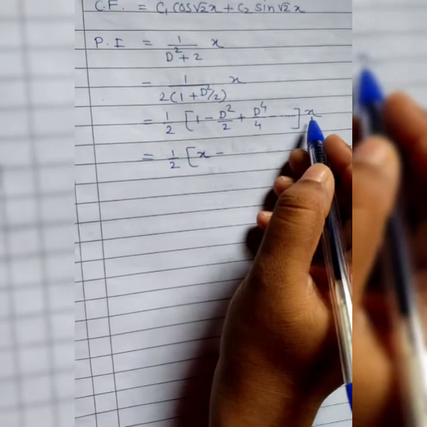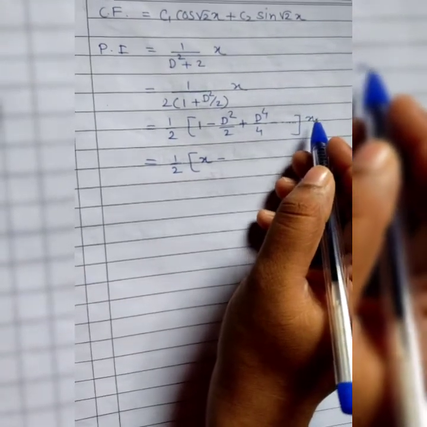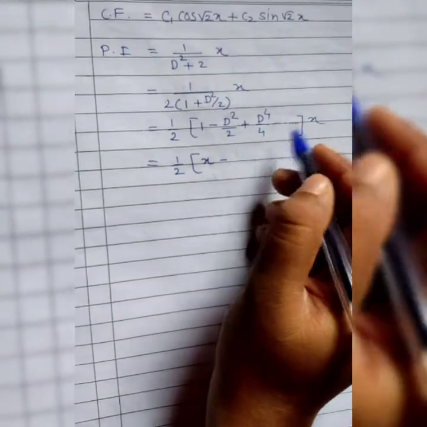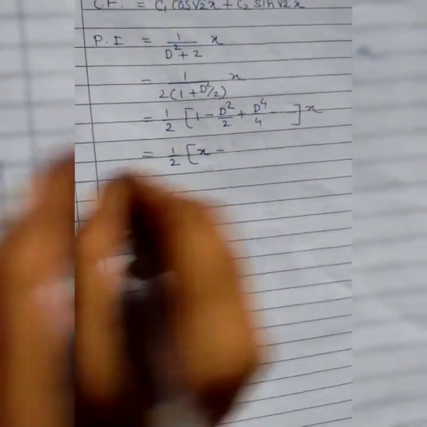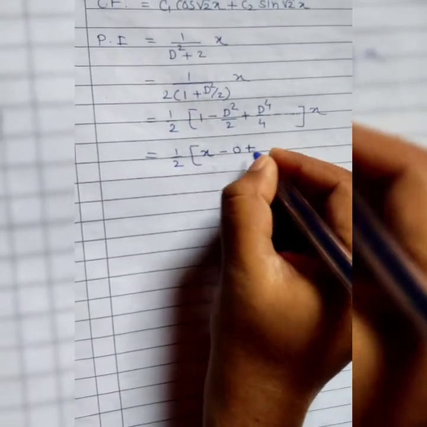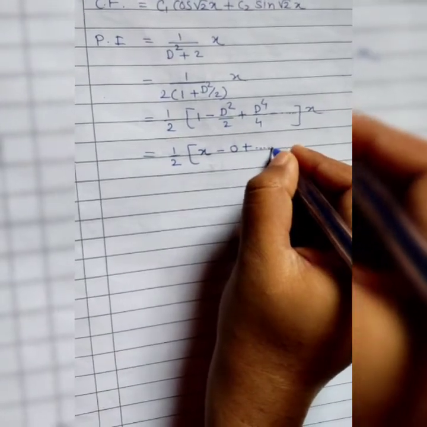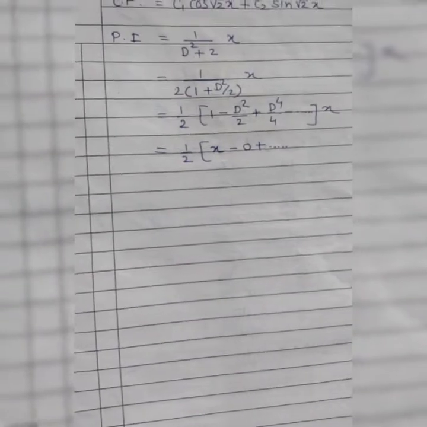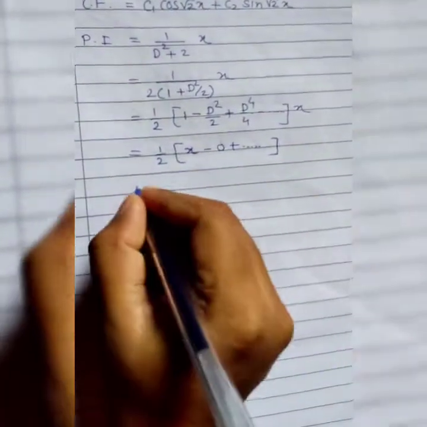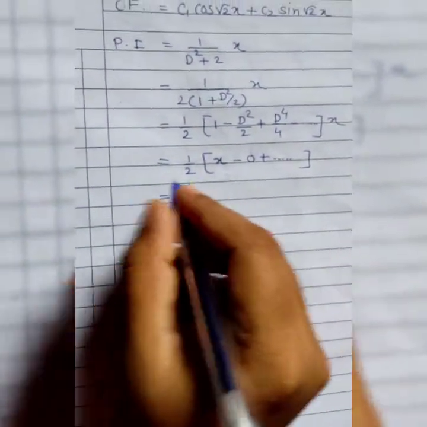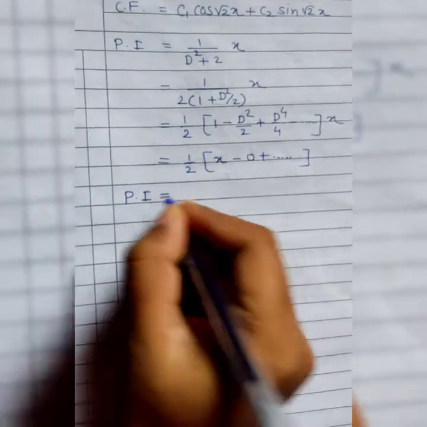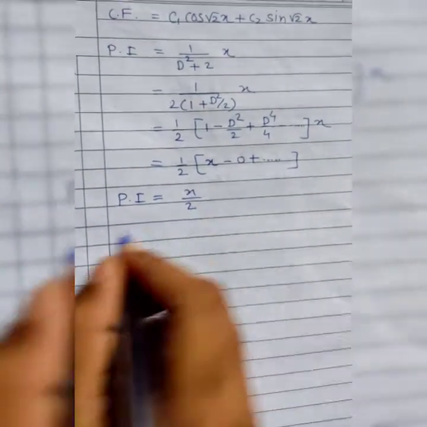So derivative of x with respect to x is 1 and second order derivative of x with respect to x is 0. So after second order derivative, all higher order derivatives are 0. So we get PI is equal to x by 2.